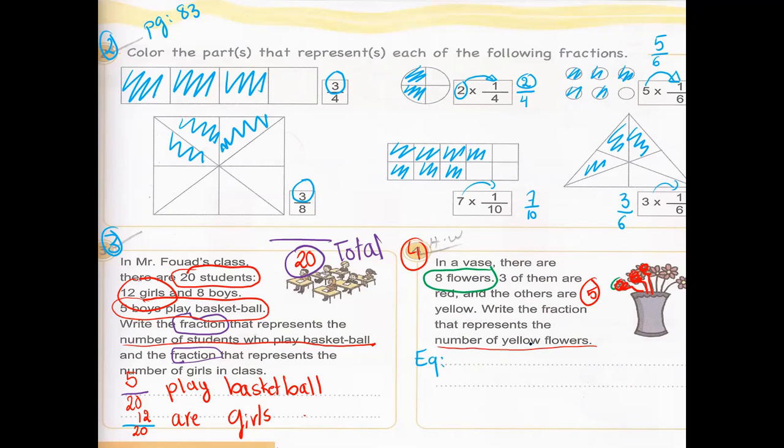Here I'm asking you about the number of yellow flowers and we don't know it, so we must write an equation. The total number is 8. The rest are yellow, so 8 minus 3 is 5. So 5 yellow flowers. Done.